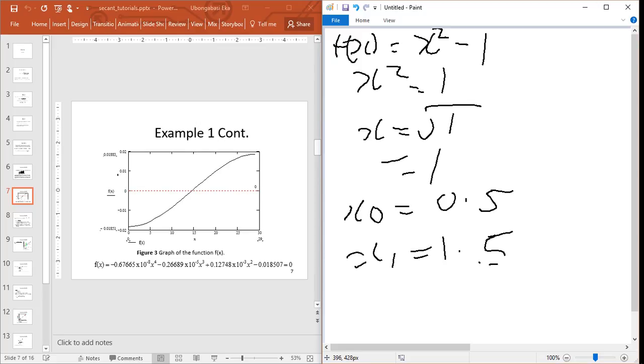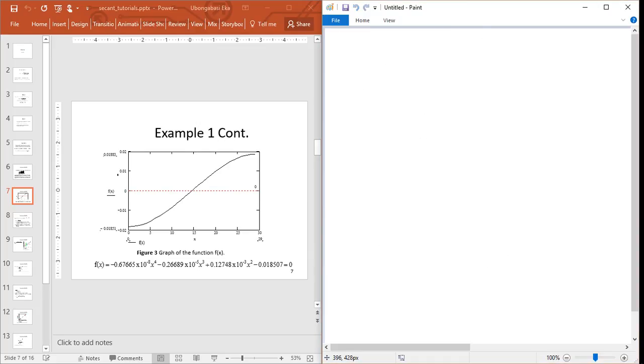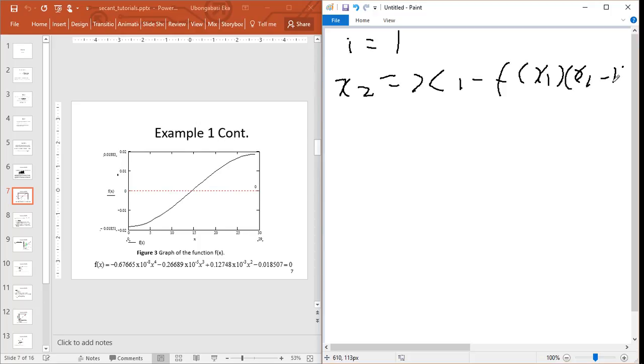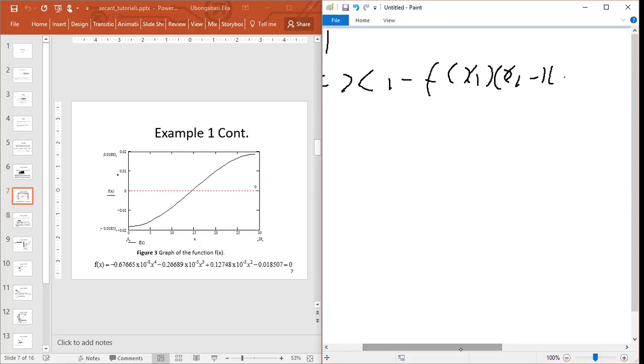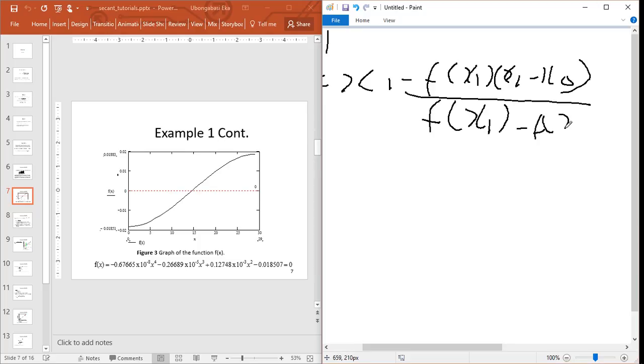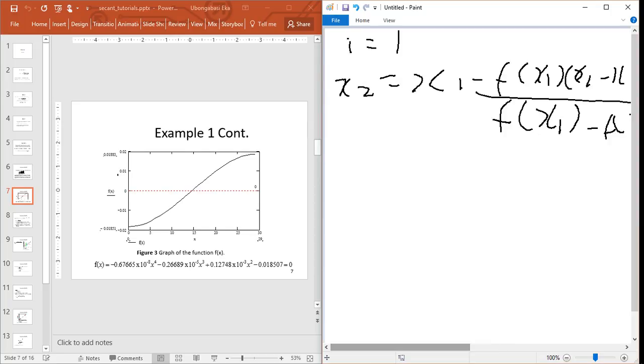So putting this back in the equation, when i equals 1, this will be x2 equals x1 minus f(x1) times x1 minus x naught all over f(x1) minus f(x naught). So put the values back.